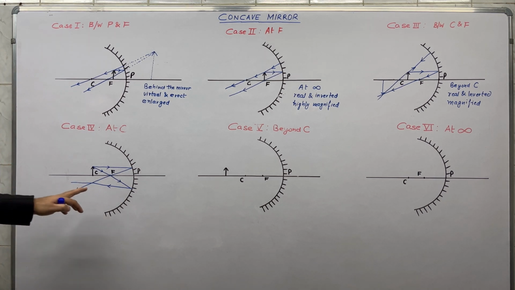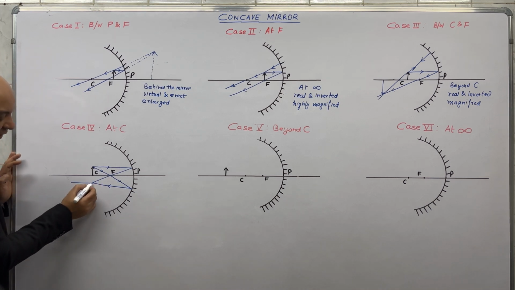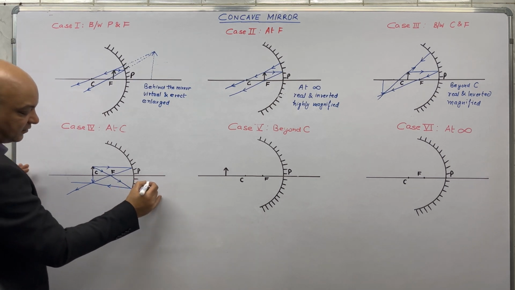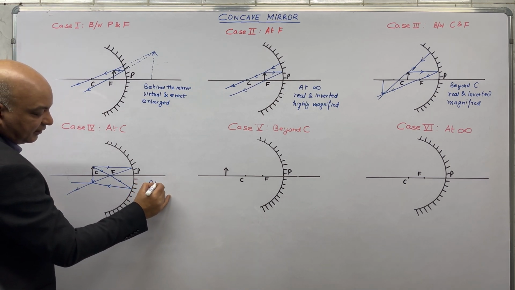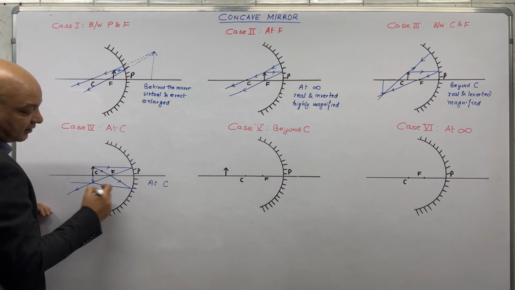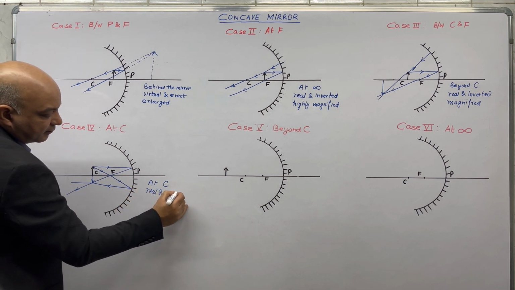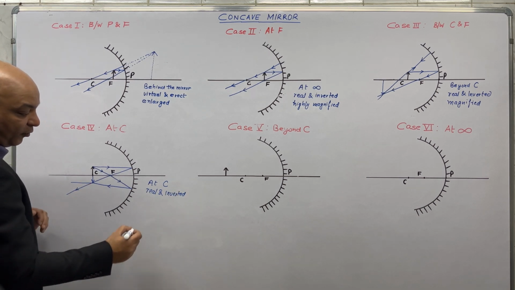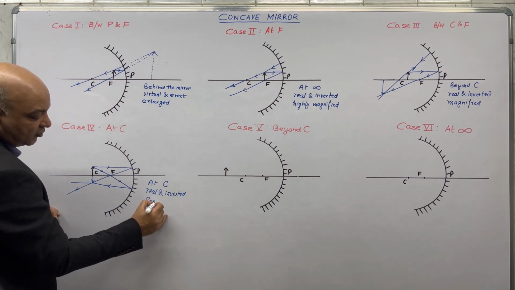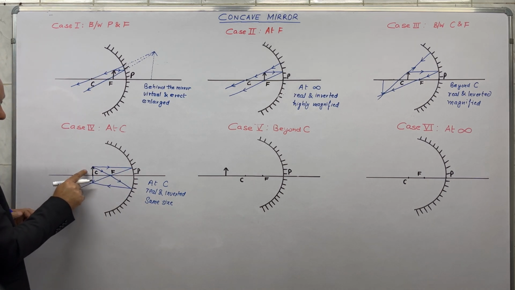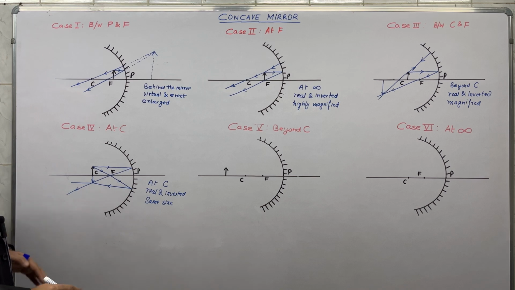So as you can see, the two reflected rays are meeting again at C only. So the image is formed at C only. It is again real and inverted, and more important is that it is going to be of the same size as the object is. So exactly formed at C and of the same size.